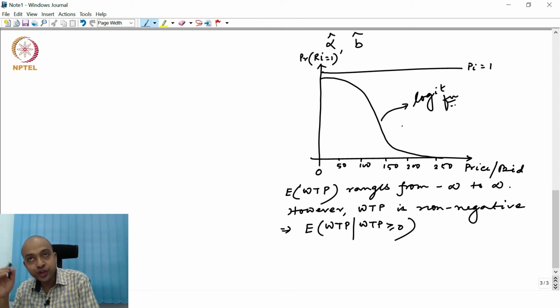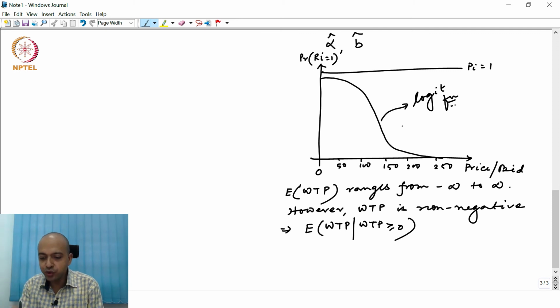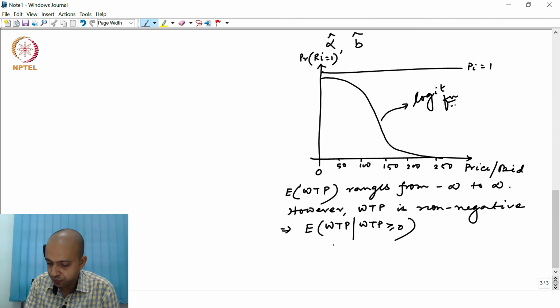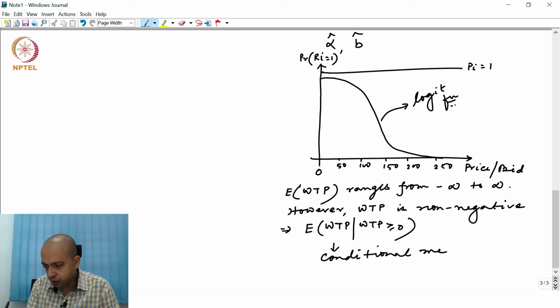However, when we try to make sense of this willingness to pay, if it becomes negative, that does not make any sense. We cannot make any sense out of negative willingness to pay. That is why we need to calculate what is called conditional willingness to pay, or conditional mean WTP.